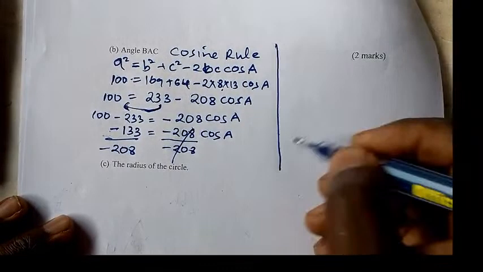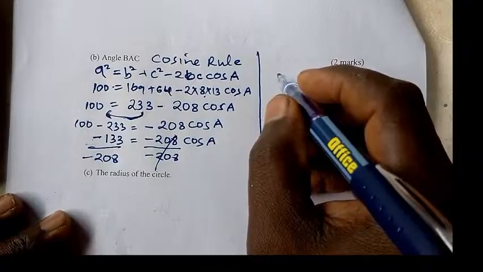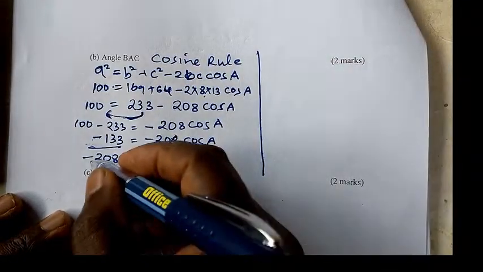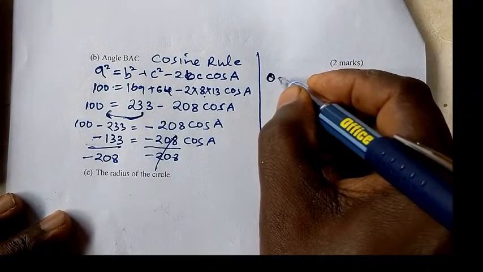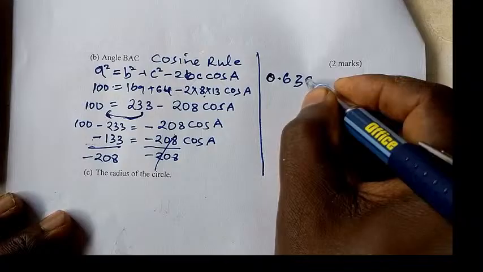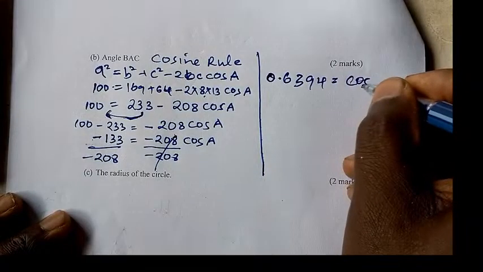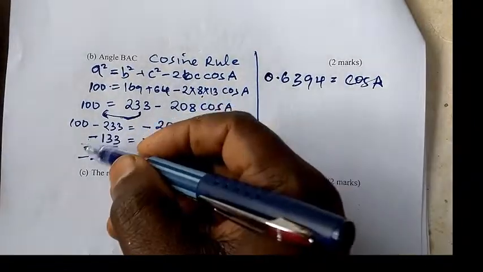Negative and negative will have 0.6394 is equal to cos A. Cos A. Remember, negative divided by negative is positive.